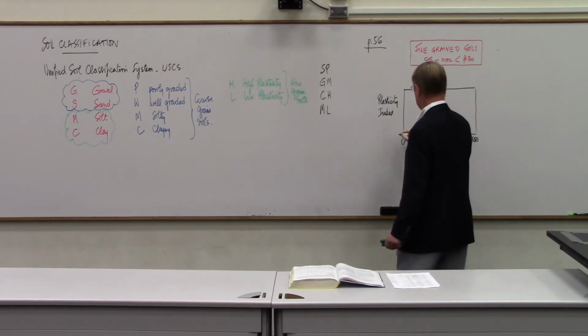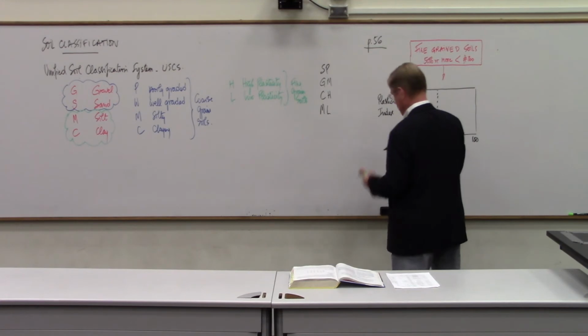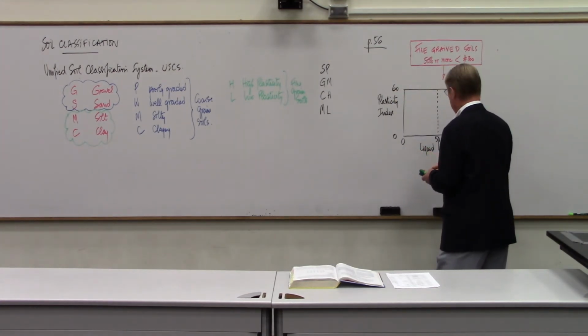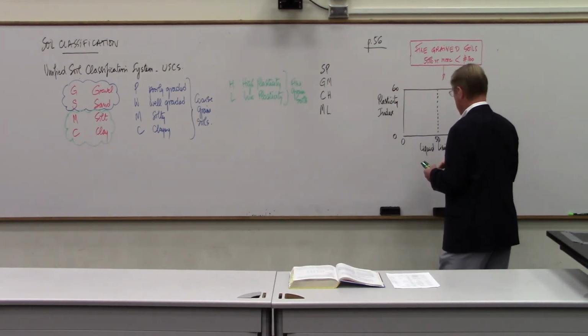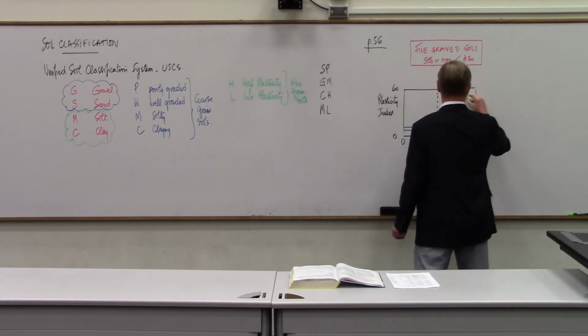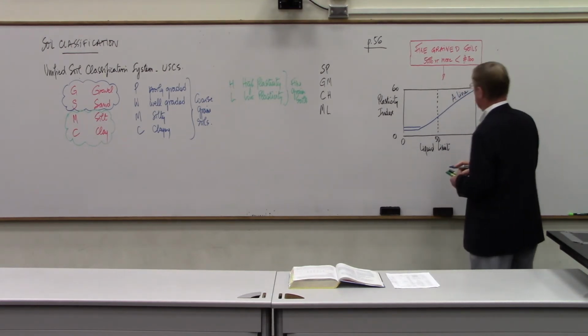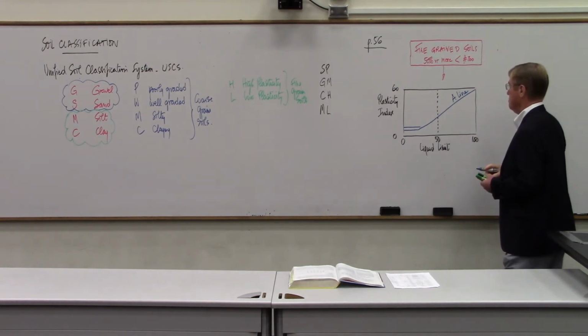And then the plasticity index goes from 0 to 60 or 70. And then there is a separation that goes like this, and it goes all the way there. This is called the A line. Not sure what A stands for, but that's how it is.